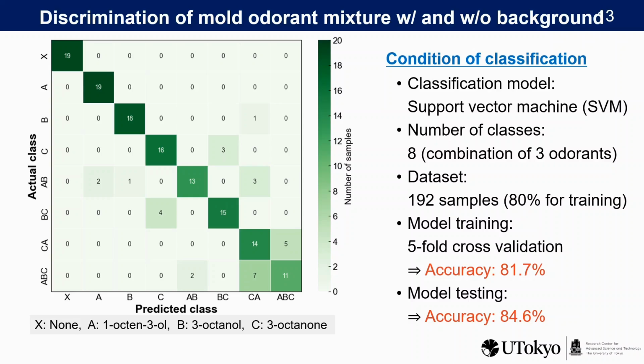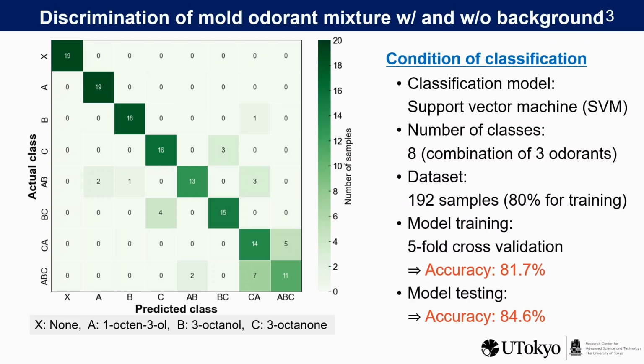On the other hand, if you look at the samples that failed to classify, you can see from the figure that it was all 3 combinations and 2 combinations of 1-octen-3-ol and 3-octanol. The reason for this may be that the sensor response is near saturation, and the differences between samples are not being measured well.